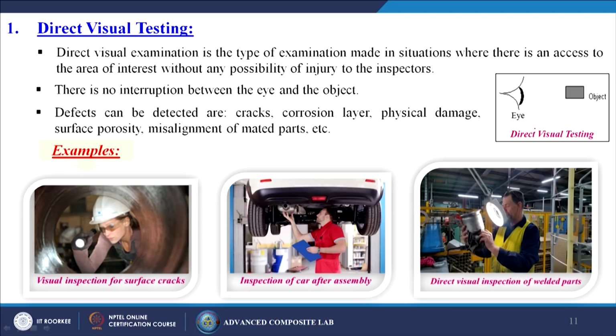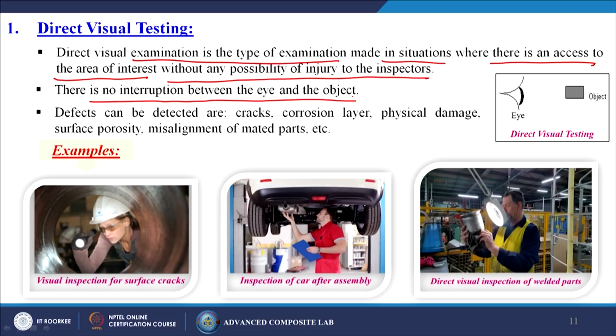When you talk about direct visual testing, direct visual examination is the type of examination made in situations where there is access to the area of interest without any possibility of injury to the inspectors. That means we can directly see that particular zone. There is no interruption between the eye and the object.